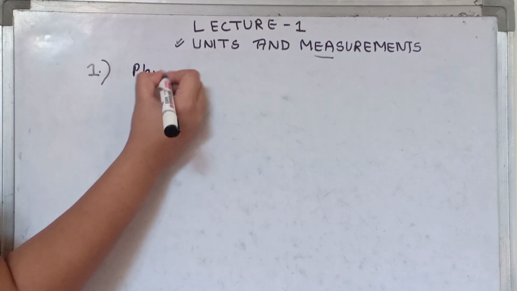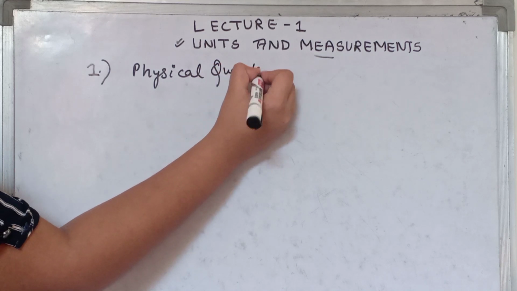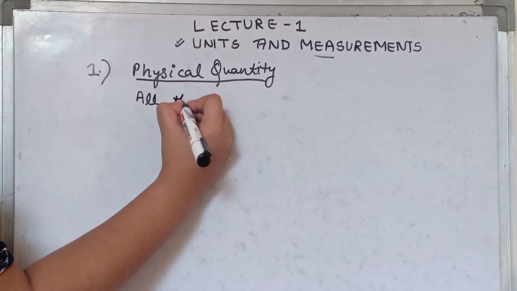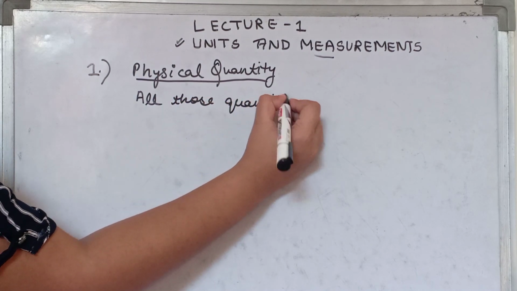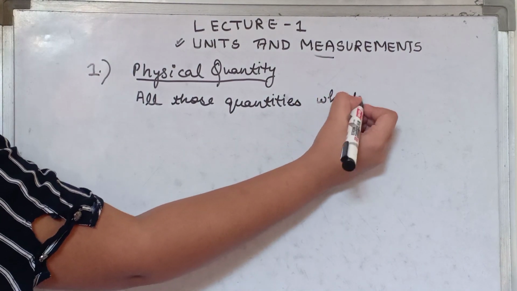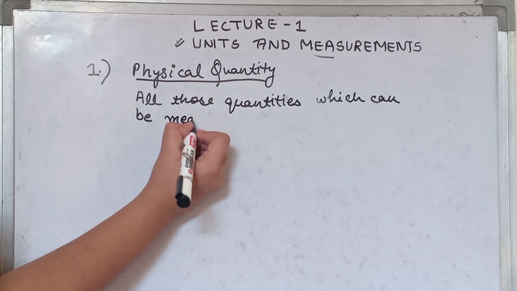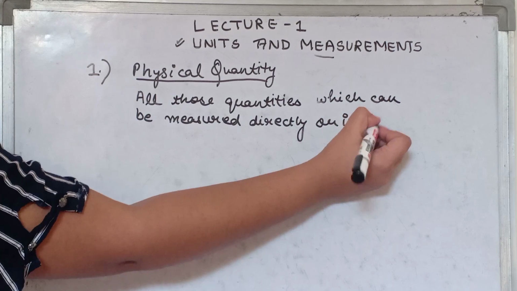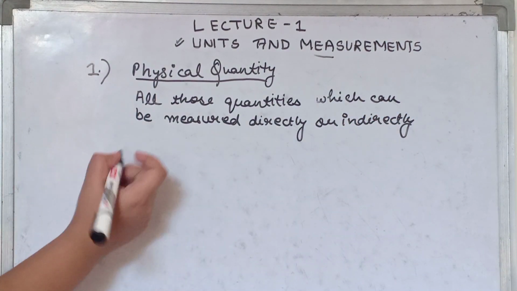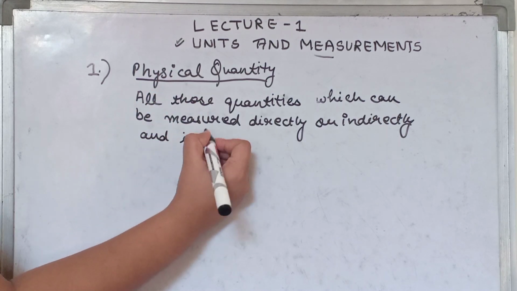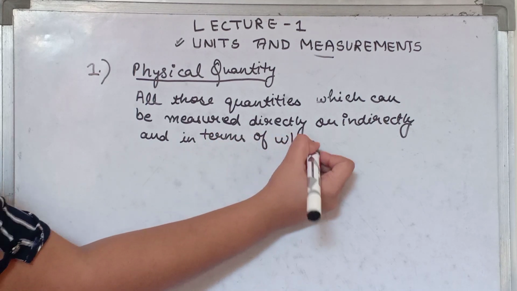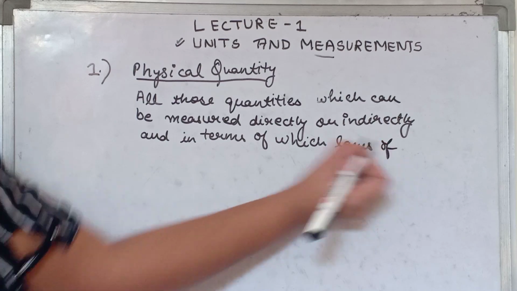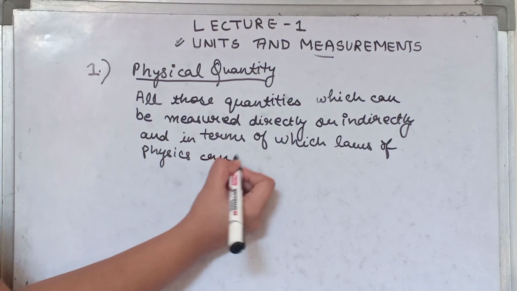What do you mean by a physical quantity? The definition of physical quantity: all those quantities which can be measured directly or indirectly, or we can say that these are the quantities in terms of which the laws of physics can be explained.